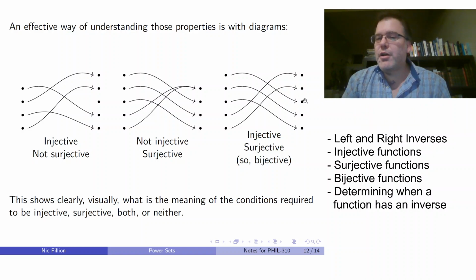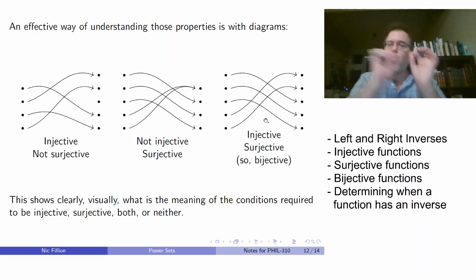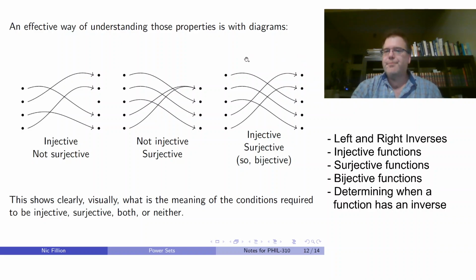Every element of the codomain is mapped onto by exactly one element of the domain. So you see, the first is mapped on the third, the second on the fourth, the third on the fifth, the fourth on the first, right? So this is a one-to-one correspondence, which is the other term to talk about a bijective function. There's something beautiful about that bijective function.